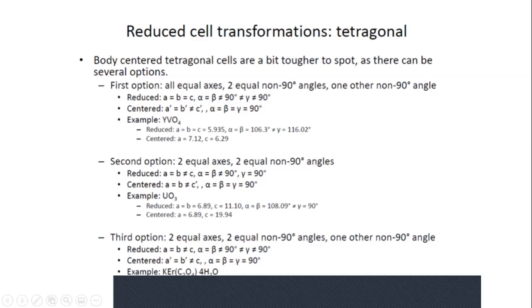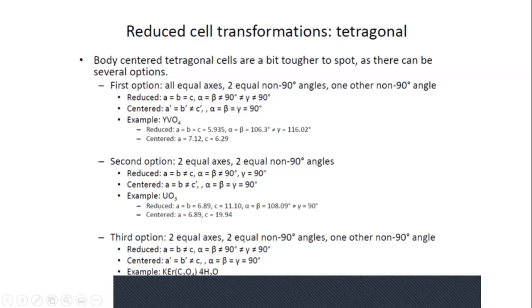So if we body center this, we get a tetragonal unit cell: a equals b not equal to c, alpha, beta, gamma equal to 90. So before we centered it, when it was primitive, we couldn't deduce what crystal system it was. But when we body centered it, we determined that it was tetragonal.